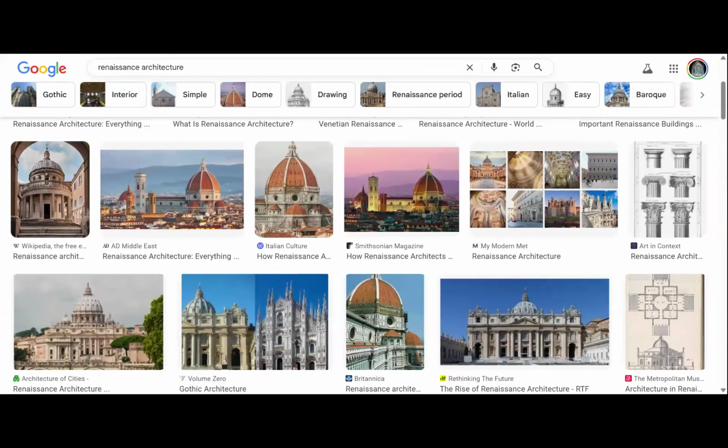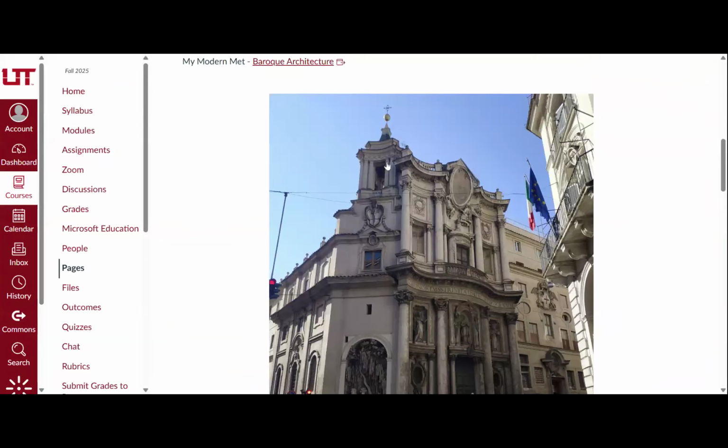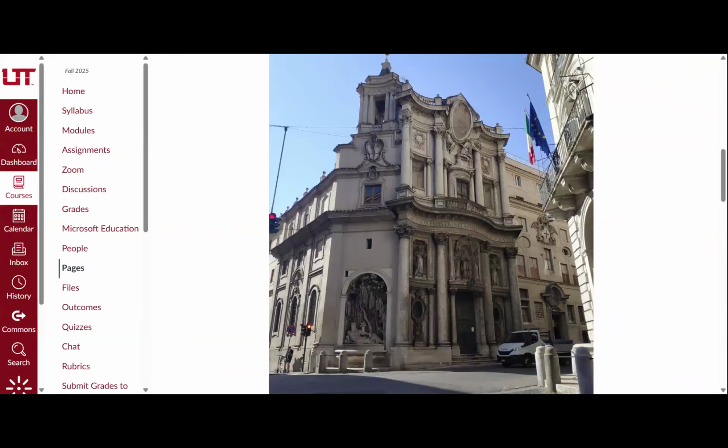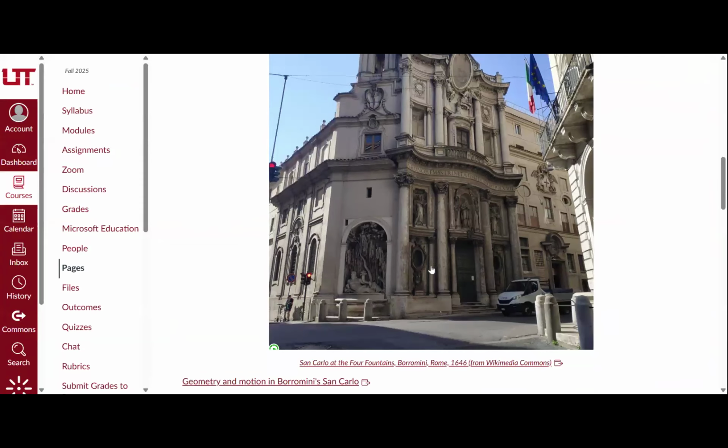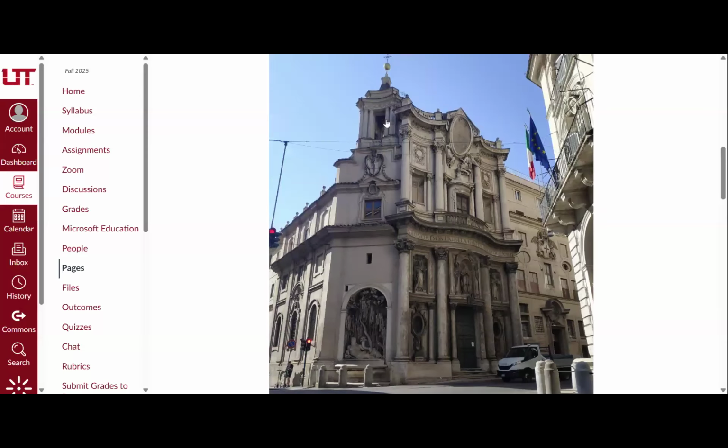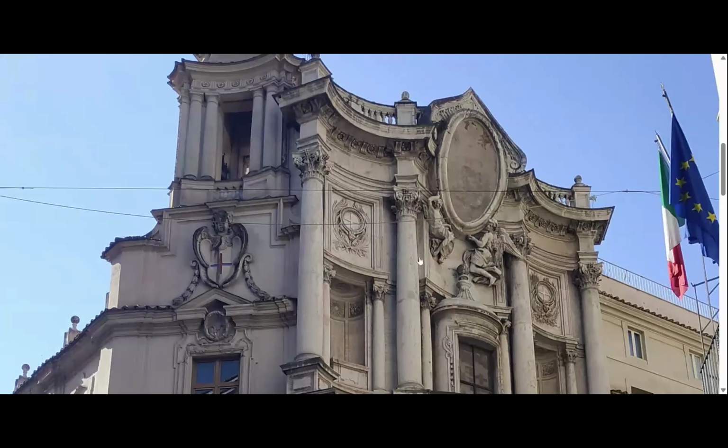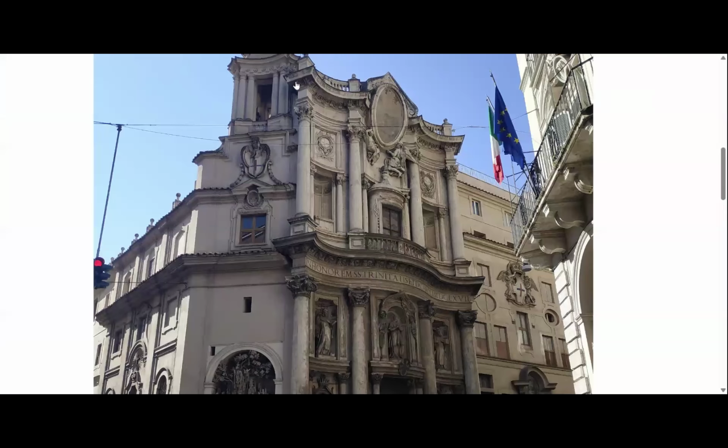If we go to the Baroque architecture, we get very similar callbacks to Greek and Roman architecture. You have the Roman arches, you have columns, you have these kinds of things. But then one thing that I see in the Baroque architecture is we have these elements where it just seems like they sculpted a lot of detail to engage your eyes that aren't necessarily vital to the structure of the building.